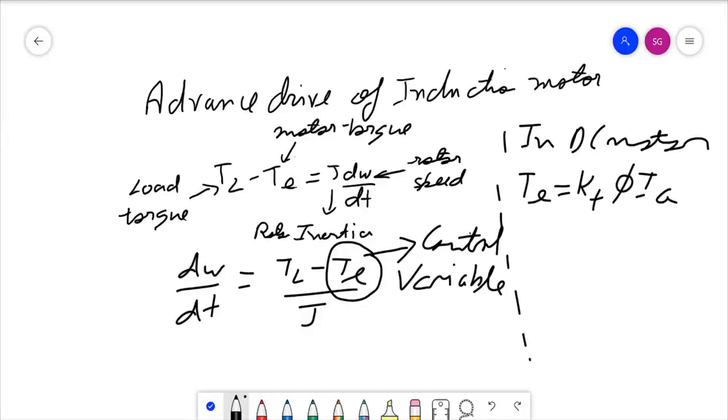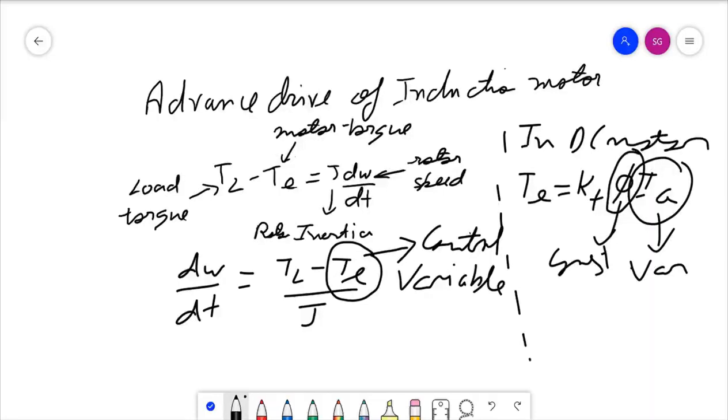So you control this Ia and fix this flux. This was your variable and this was your constant. Flux is constant. This you can do easily in a DC motor, because the flux generating winding and the armature current carrying winding are two separate things.